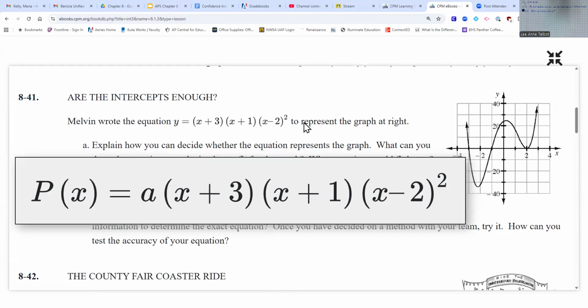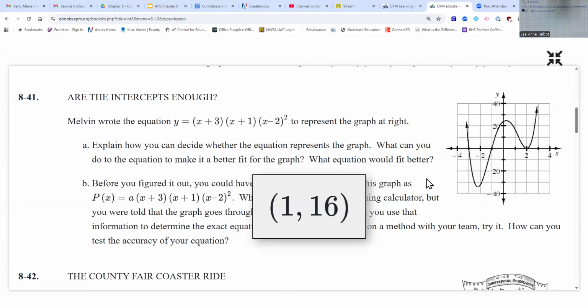Okay, and then next to that, write this coordinate.